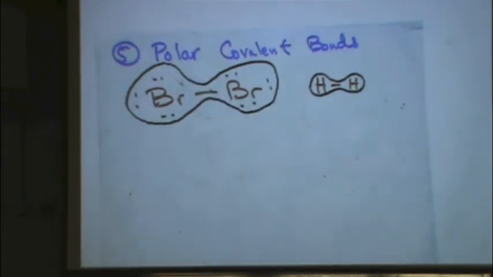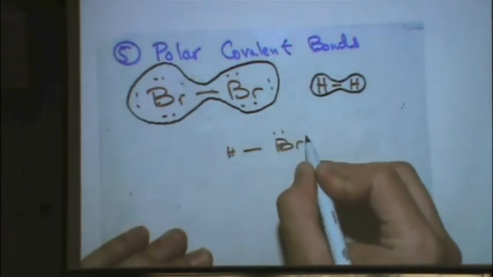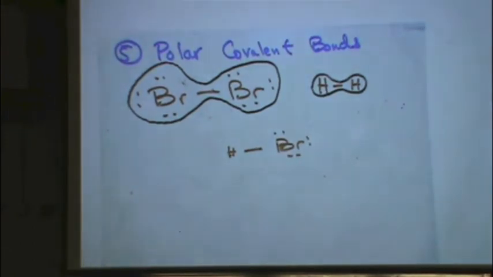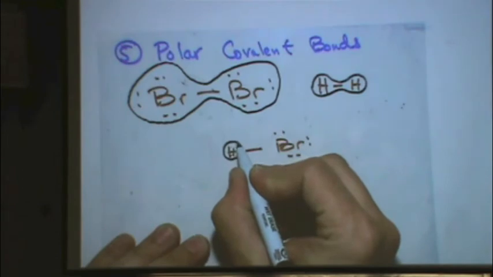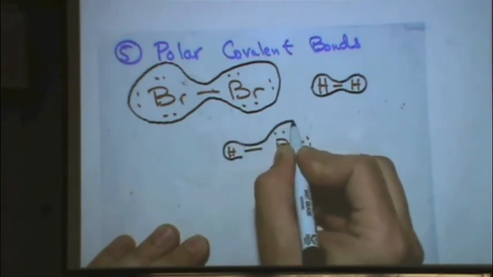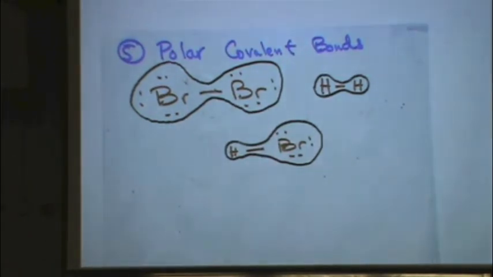Now, if we form HBr, this would be the Lewis structure of it. And if I draw the size here, hydrogen would have to be very small and bromine would be very big. And basically what's happening is bromine, not with itself, but when it gets with hydrogen, it will pull the electron density towards itself, making its size bigger, or more electrons closer to it than is closer to hydrogen.